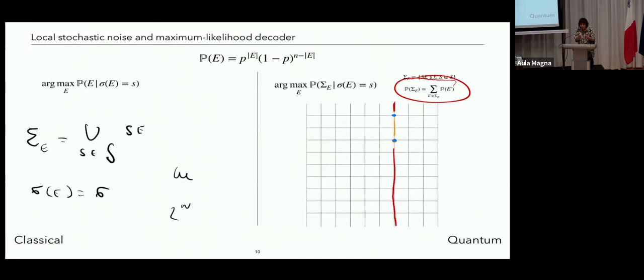Maybe this class here doesn't contain exactly the minimum weight, but all the others are small enough. So maybe you have the minimum weight one with weight 2, and all the other errors equivalent up to stabilizer in that class have weight 8. Let's suppose that you have 2 stabilizers, okay?